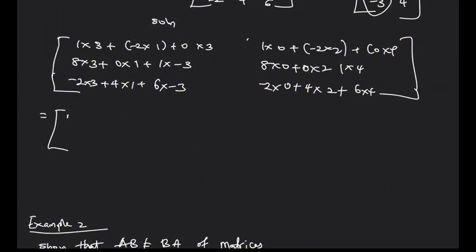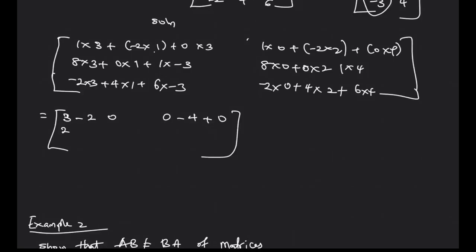1 times 3 is 3. Then minus 2 times 1 is minus 2, plus 0 times 3 is 0 for the first part. So let's do the second part. The 1 times 0 is 0, plus minus 2 times 2 gives us minus 4. Then 0 times 4 also gives us 0.